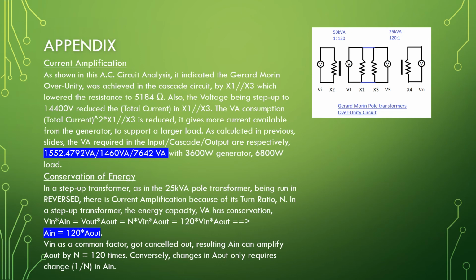V in as a common factor cancels out, resulting in A in amplifying A out by N equal to 120 times. Conversely, changes in A out only require a change of 1 over N in A in.